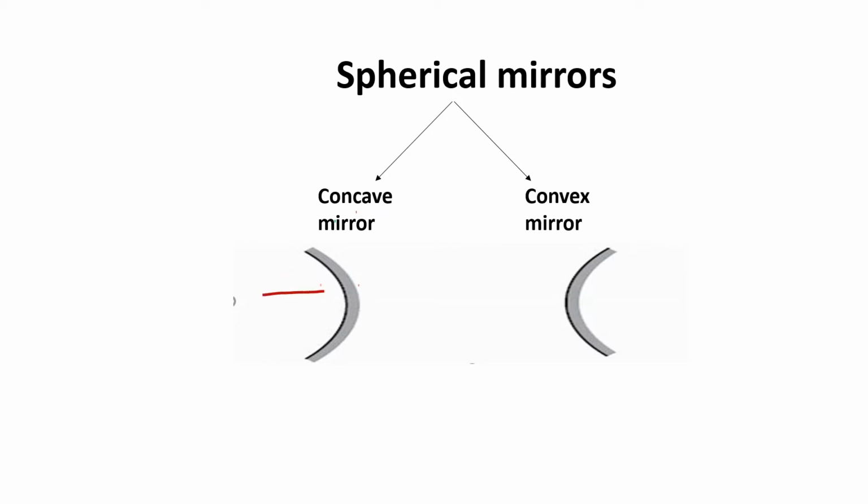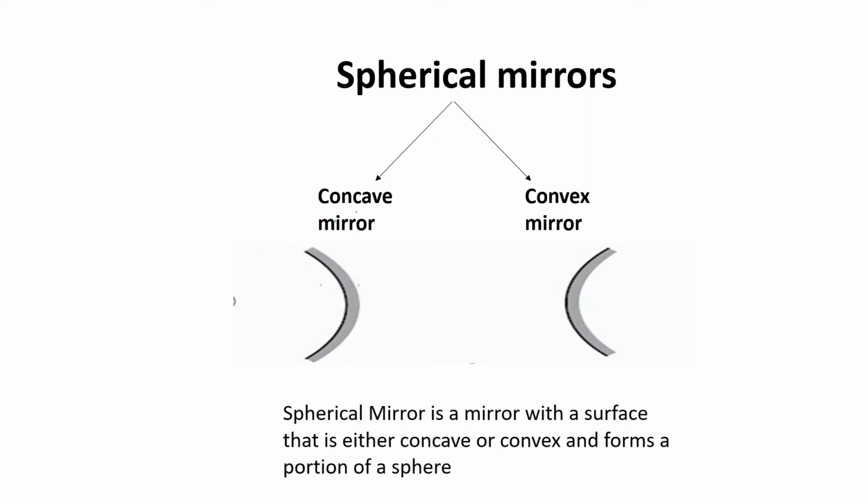The incident light rays always fall on the reflecting surface. These are incident light rays. Spherical mirror is a mirror whose reflecting surface is either concave or convex and forms a portion of a sphere.